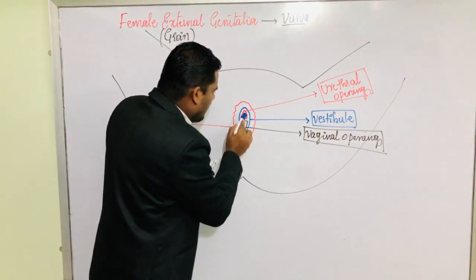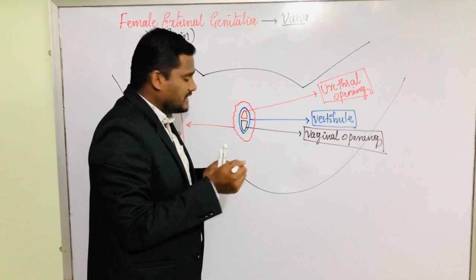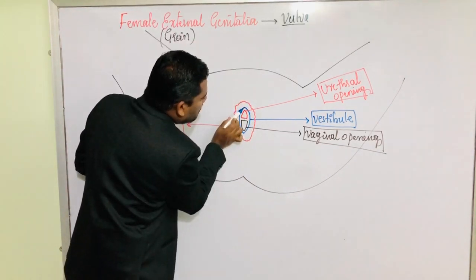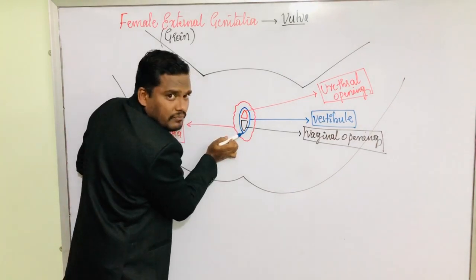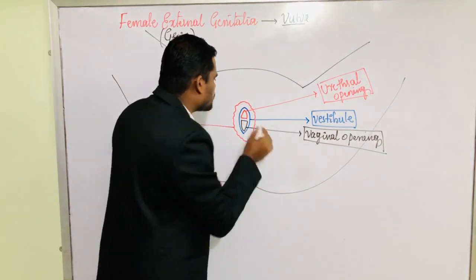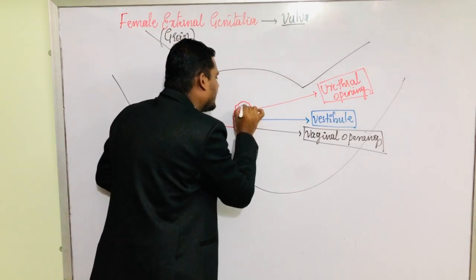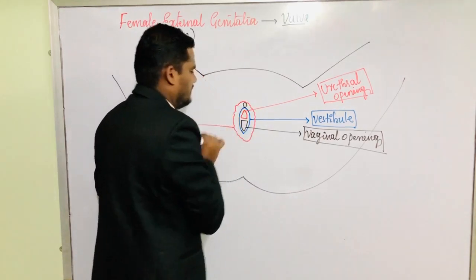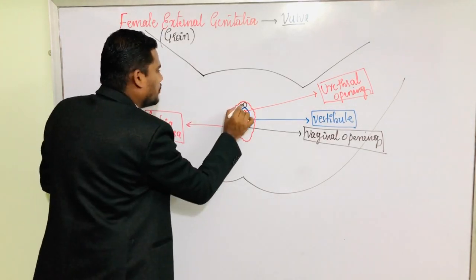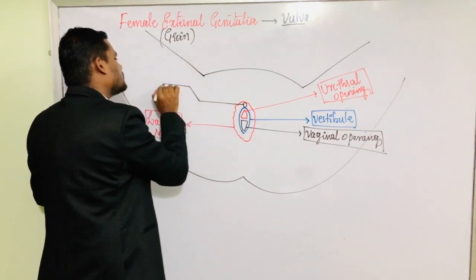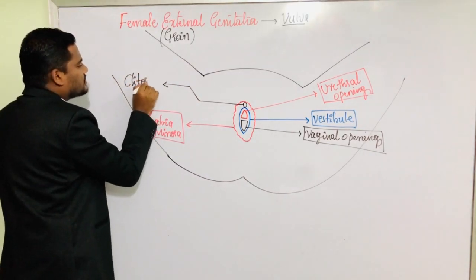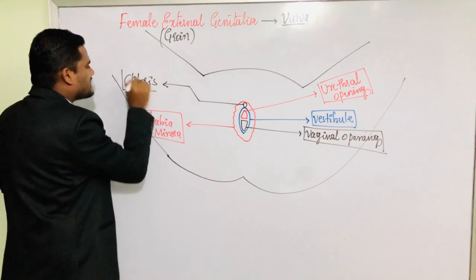At the terminal position of the vestibule, that means at the upper end of the vestibule, this is the upper end and this is the lower end of the vestibule. At the upper end, there is a small finger-like erectile tissue. This small finger-like erectile tissue is called the clitoris.